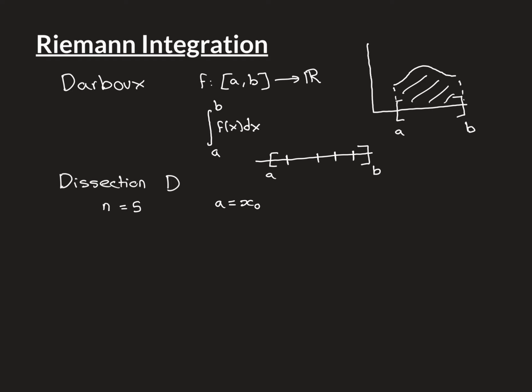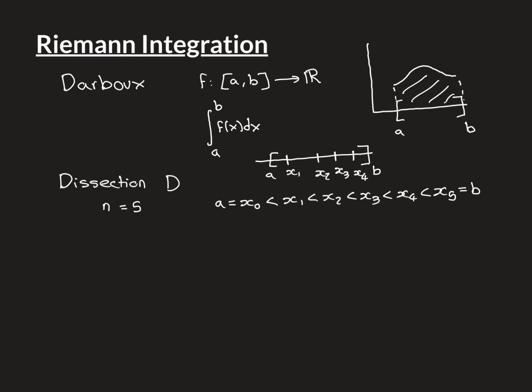And then it's going to be strictly less than the next cut, which is called x1, the first cut. That's going to be strictly less than x2, the second cut, which is strictly less than x3, the third cut, which is strictly less than x4, the fourth cut, which is strictly less than x5, which is just a relabeled version of B.